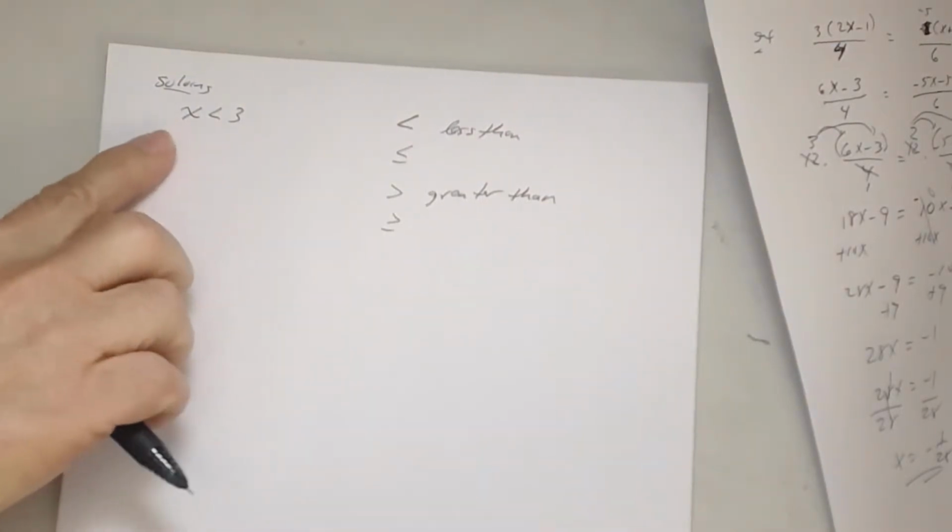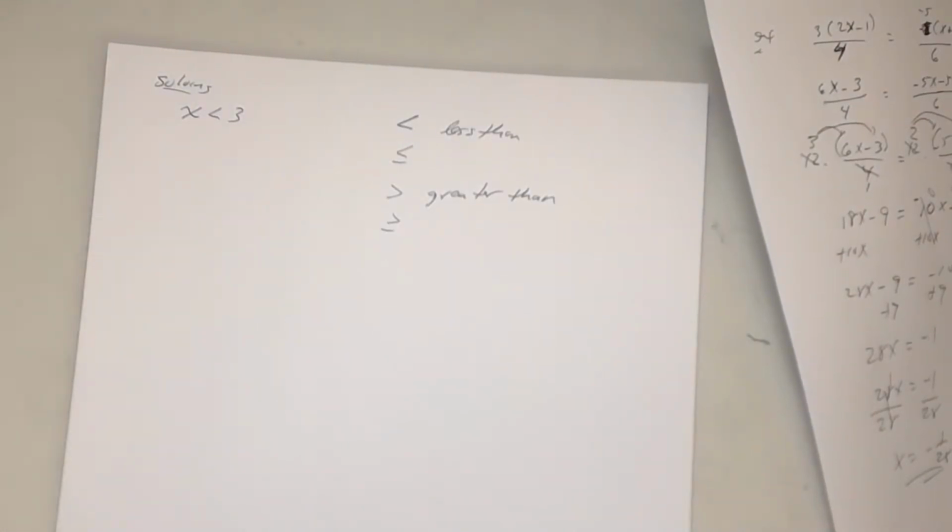How many numbers make this inequality a true statement? 1 and 2. Only 1 and 2 make that a true statement. I agree, 1 is less than 3. That's a true statement. 2 is less than 3. That is a true statement. But is her statement correct? No. There's an infinite number of solutions.